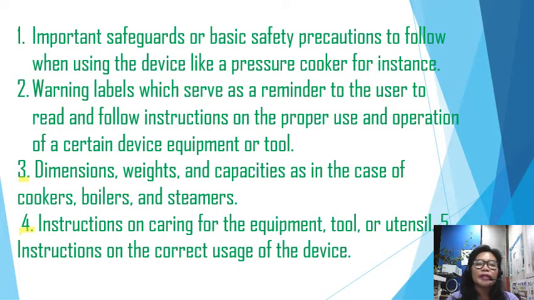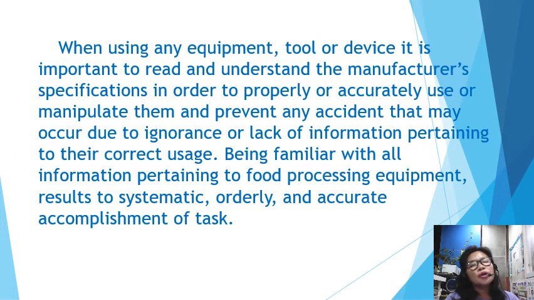So, when using any equipment, tool, or device, it is important to read and understand the manufacturer's specifications in order to properly and accurately use and manipulate them, and prevent any accident that may occur due to ignorance or lack of information pertaining to their correct usage.